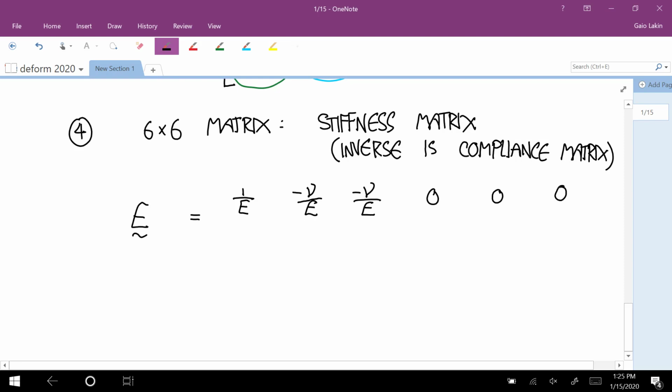And for the second and third row, you're just moving the 1 over E one element over each time. So the second row is going to start negative nu over E, then 1 over E, then negative nu over E, then 0, 0, 0.